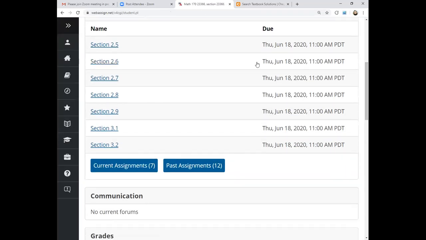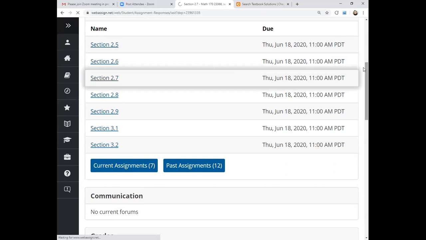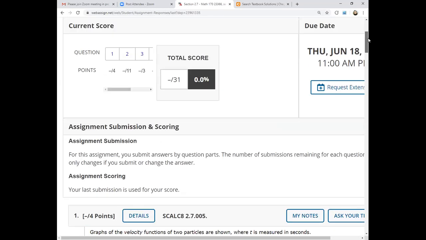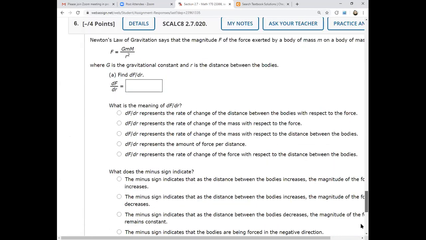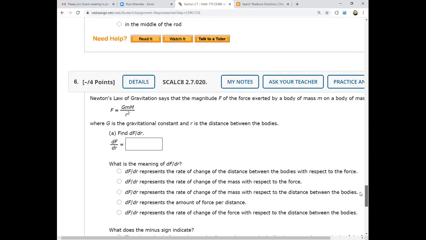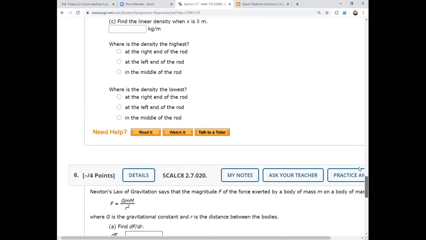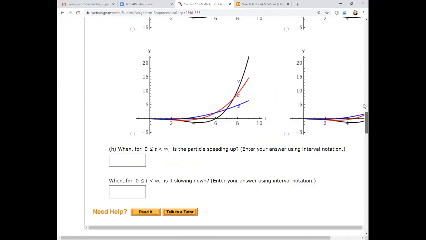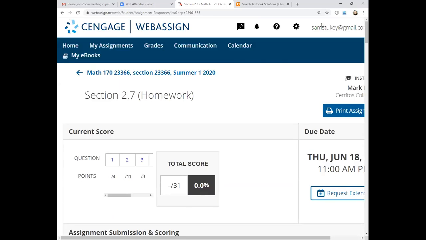Yeah, but we did get a lot done. And 2.7 has fewer questions. It has 6, but they're a lot longer, like 8 parts. I know. So we're making progress.